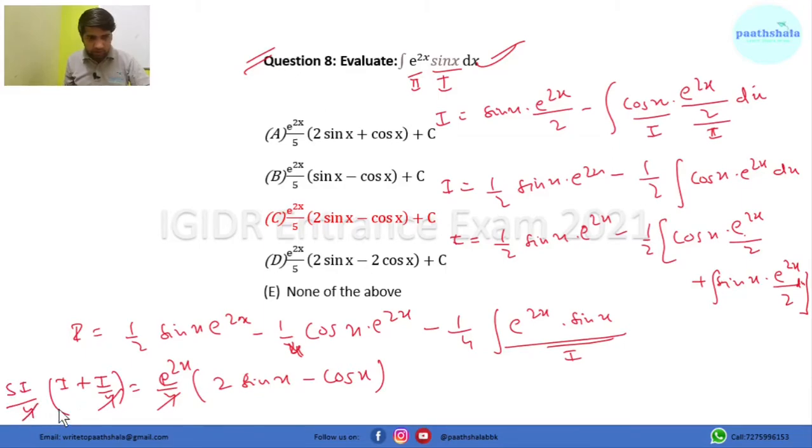Then 4 and 4 get cancelled. So finally I equals e to the power 2x upon 5 into (2 sin x minus cos x) plus c. So this will be the answer.